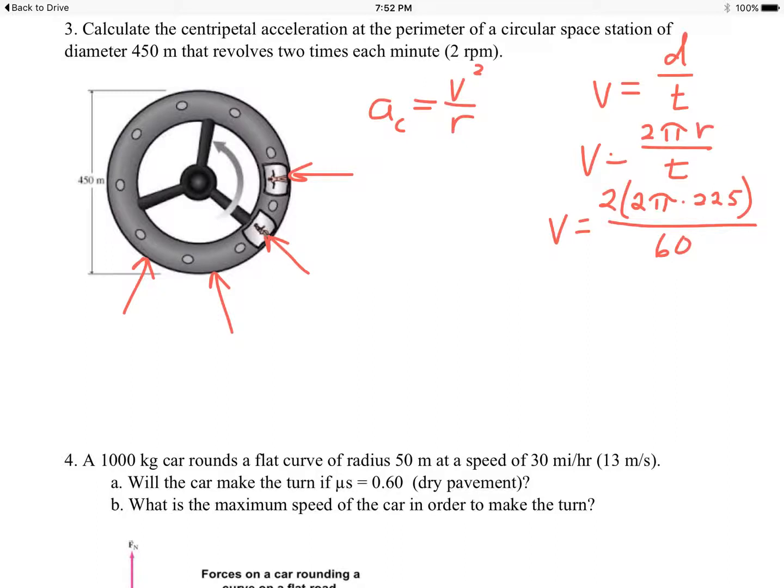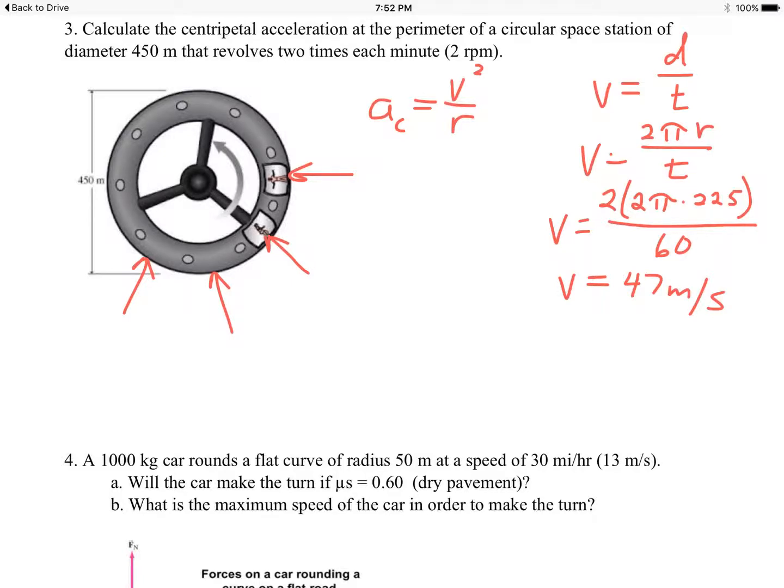I could have gone around one rotation in 30 seconds. Will give me the same answer. It comes out to be about 47 meters per second, which is, I think, over 100 miles per hour, tangential velocity. But you're only making 2 revolutions per minute, like a revolution every 30 seconds.